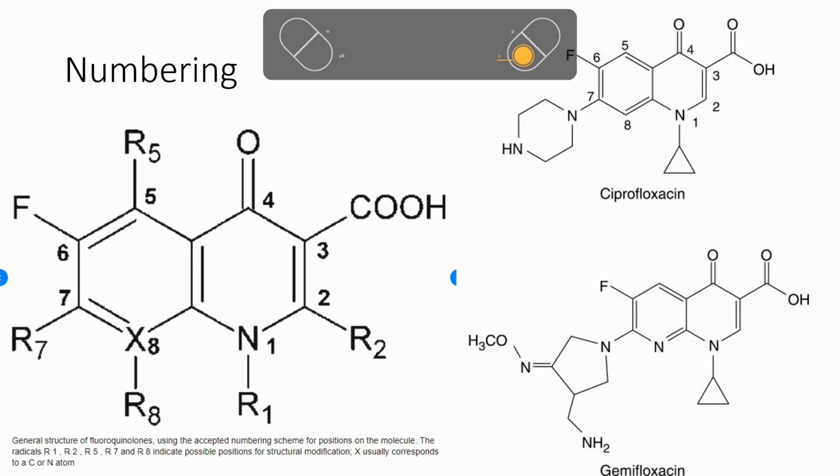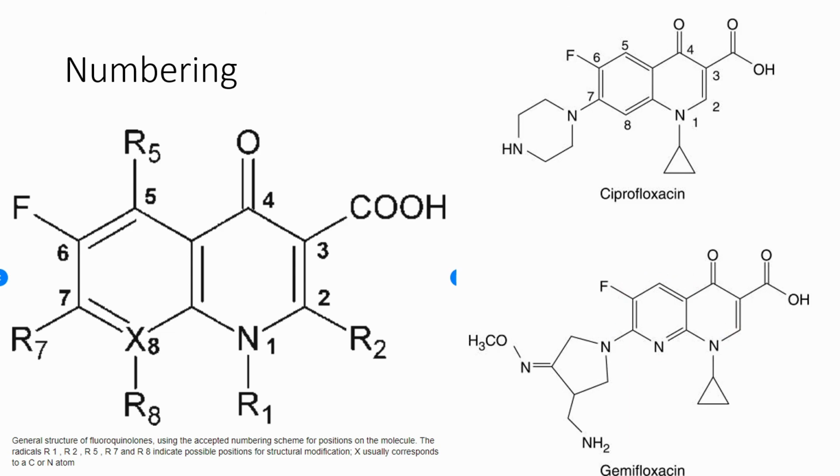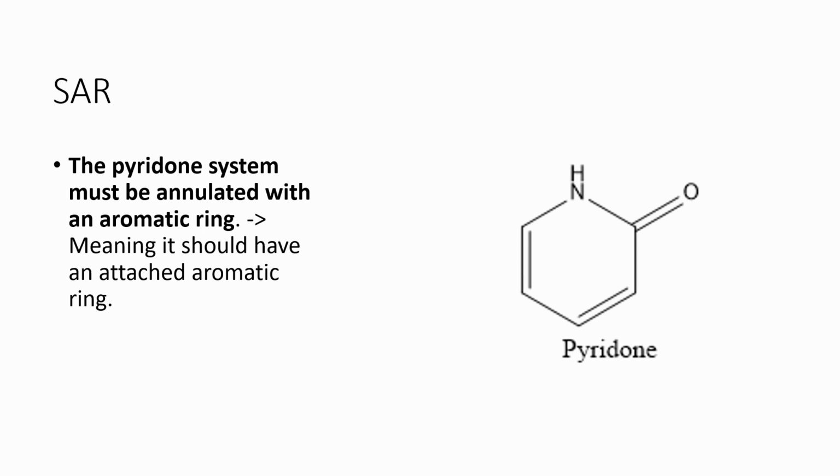So let's proceed. Now we know the numbering. For our structure activity relationship, the pyridone system must be annulated with an aromatic ring. This is the pyridone structure, and it only states that it must be annulated with an aromatic ring. It simply means it should have an attached aromatic ring to our pyridone.